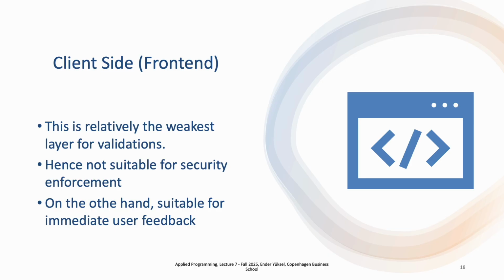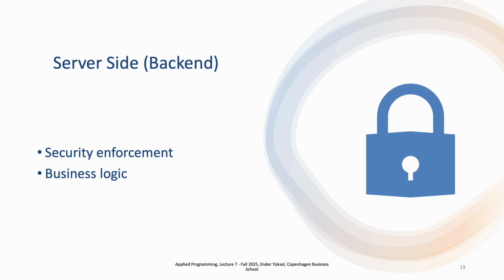Therefore, it's not suitable for security enforcement, because there are a lot of different ways to bypass this client-side validation. You can use API tools, you can use developer tools, so you can bypass those front-end validations in different ways. However, it is good and suitable for immediate user feedback, so we can guide the user.